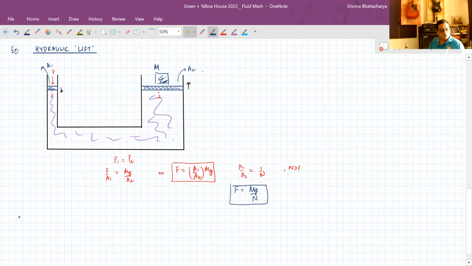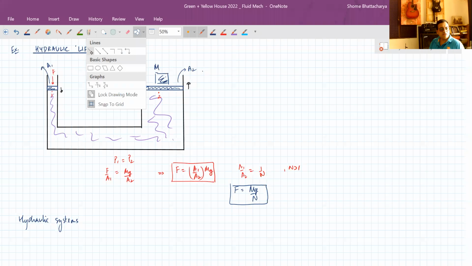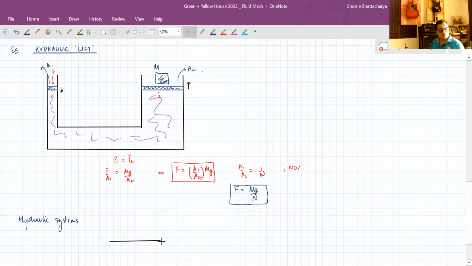Or this can also be used in hydraulic systems like this, where a force in a particular direction can be used to generate force in another direction. Suppose we have this kind of situation now.